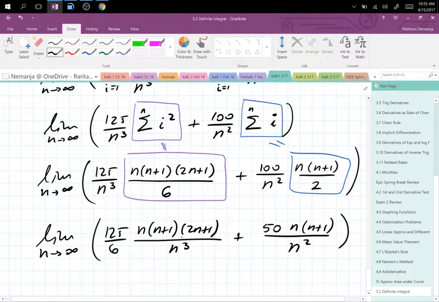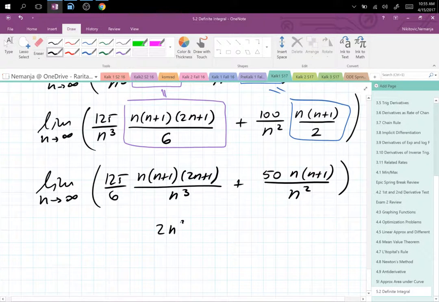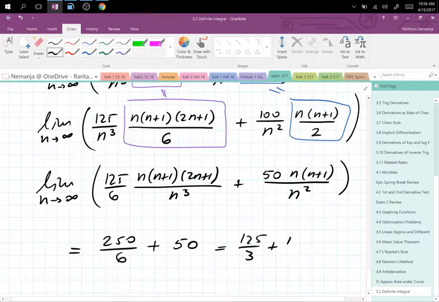If the higher one is on top, it's infinity. If the higher one is on the bottom, it's 0. So I have n times 2n, that's 2n cubed, so this is technically 2n cubed over n cubed. It's 2. So the limit is 250 over 6 plus 50. 250 over 6 cancels down to 125 over 3, plus 150 over 3 is 275 over 3.